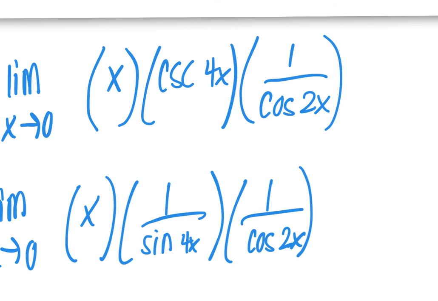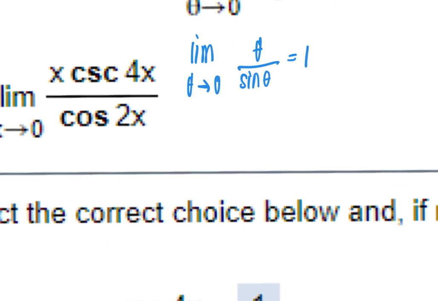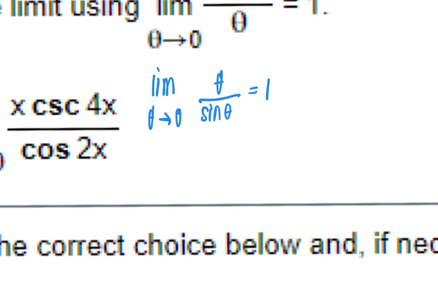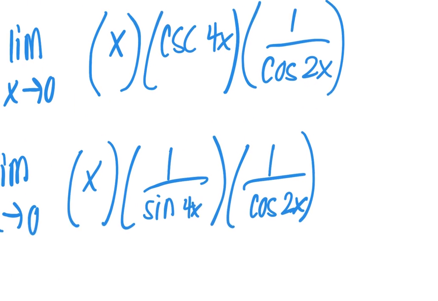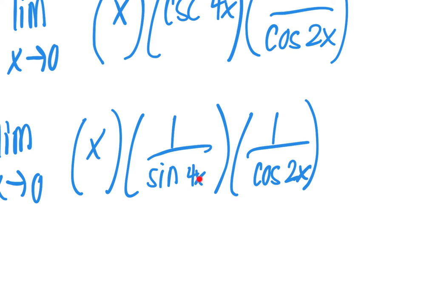But whatever it's the sine of, I need that exact same thing to be able to be in the numerator. And right now, is there a 4x in the numerator somewhere? No. There's an x, there's a 1, and a 1.